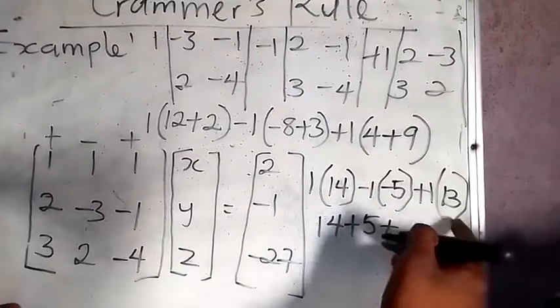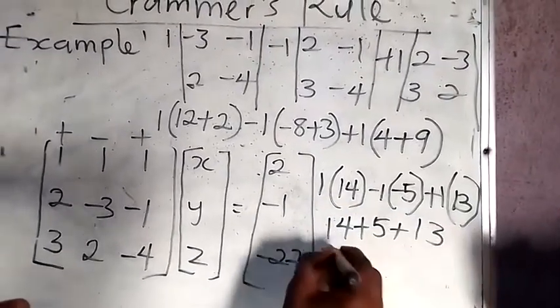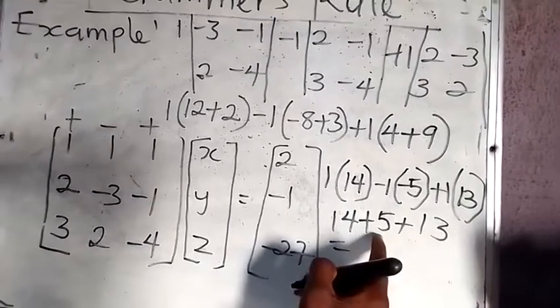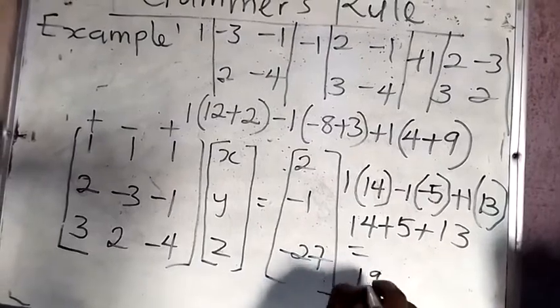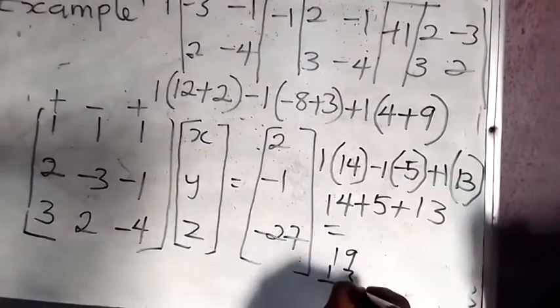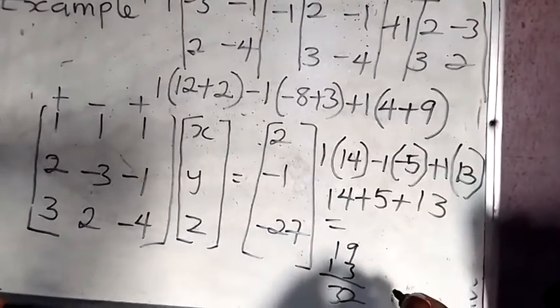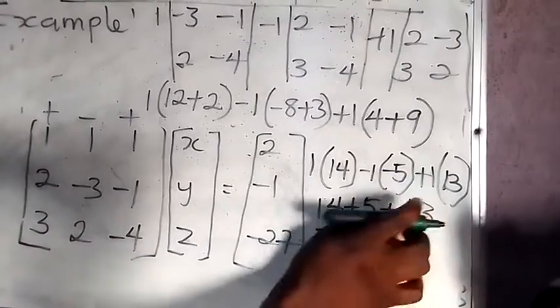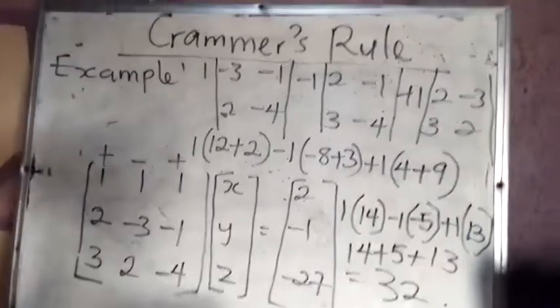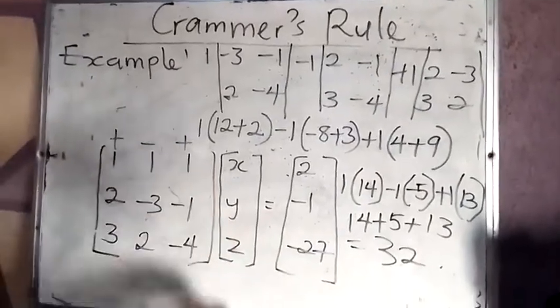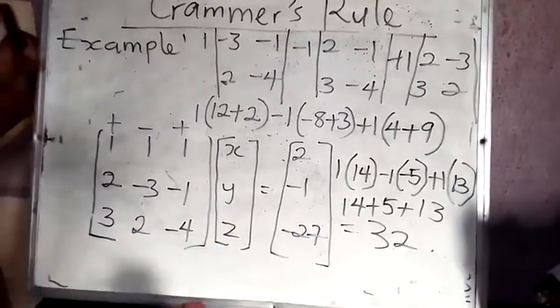Plus 1 times 13, that is 13. So 14 plus 5, 19. 19 plus 13, that's 32. So the determinant is 32. Determinant for this is 32.